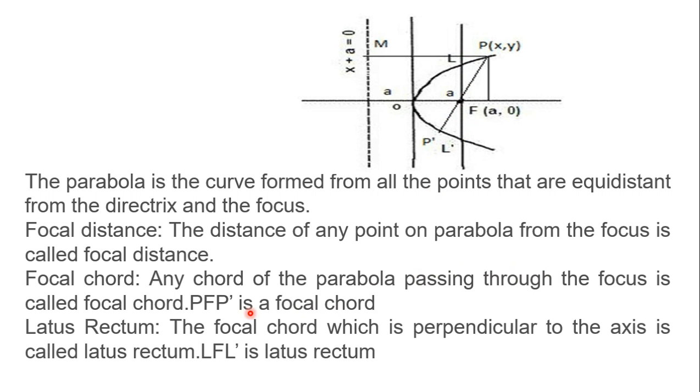So next, that is the latus rectum. The focal chord which is perpendicular to the axis is called the latus rectum. Here L F L dash is the latus rectum, because it is perpendicular to the axis of the parabola, and it is passing through focus as well.